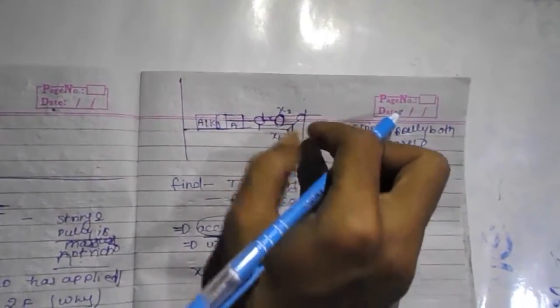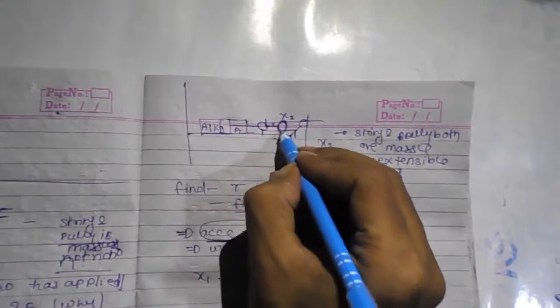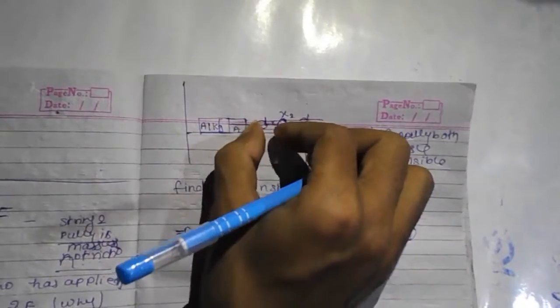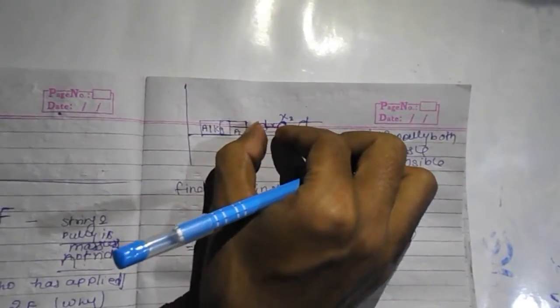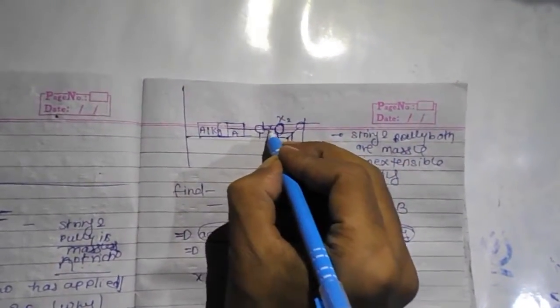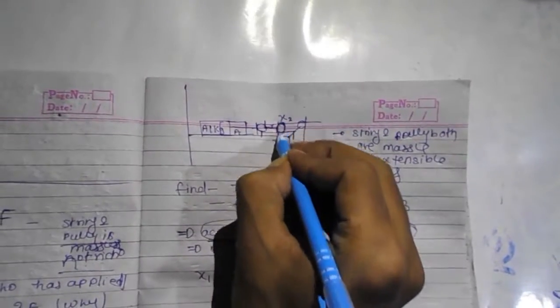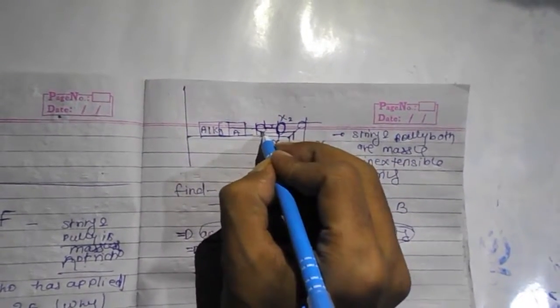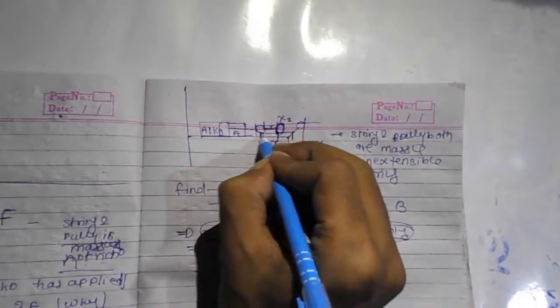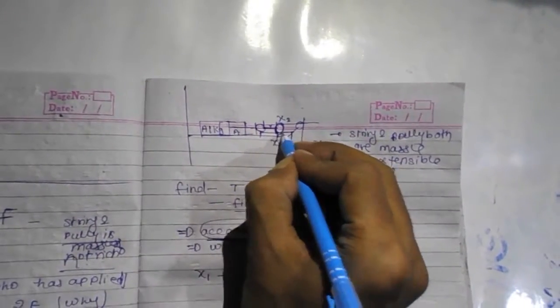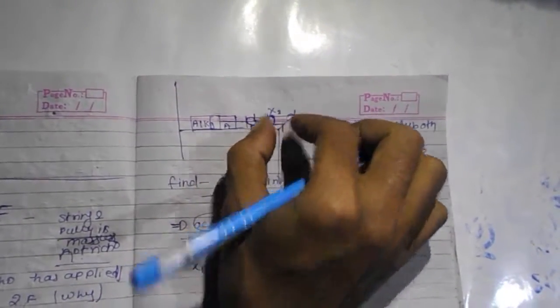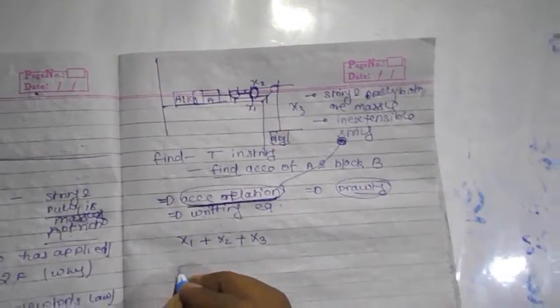So I have to find this length. If you see this carefully, this length is x1, this is x. Think about the rectangular geometry. If this is x, this must be x. So what will be this length? x1 minus x.